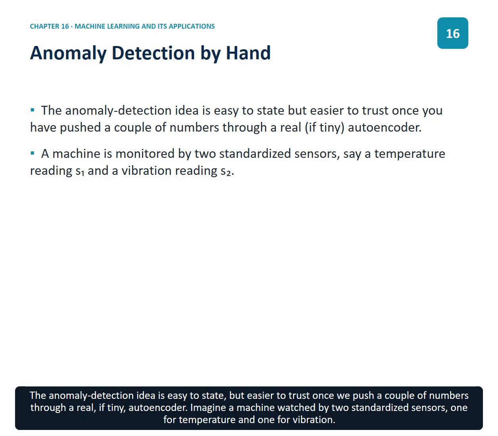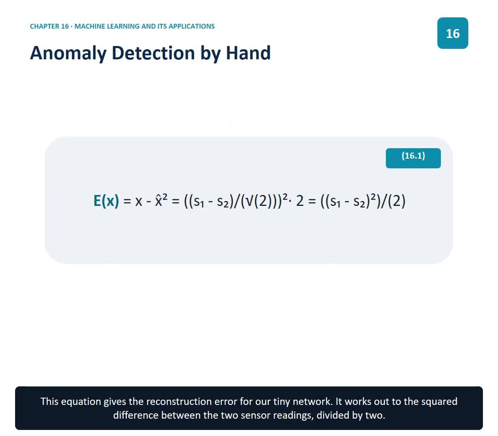The anomaly detection idea is easy to state, but easier to trust once we push a couple of numbers through a real, if tiny, autoencoder. Imagine a machine watched by two standardized sensors, one for temperature and one for vibration. This equation gives the reconstruction error for our tiny network.